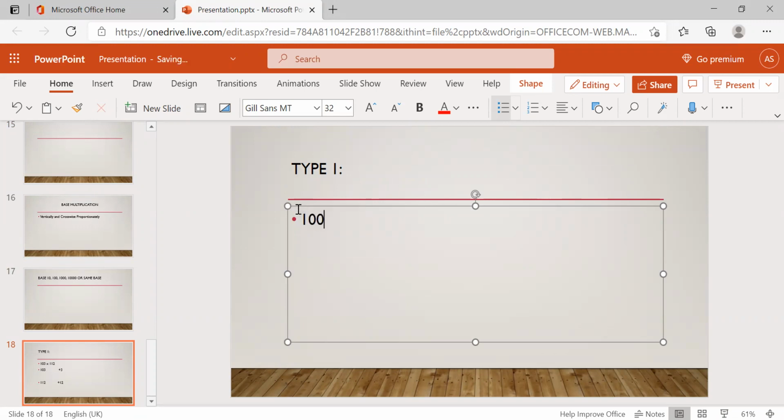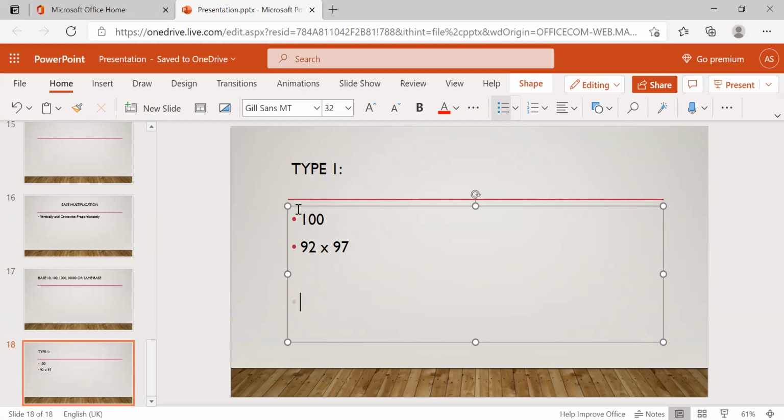Suppose I consider the base value is 100. Then the given problem is the multiplication 92 into 97. So both numbers are less than 100, right? That means less than the base value. Is it clear? The procedure is the same, whether base 10, 100, 1000, whatever it is.